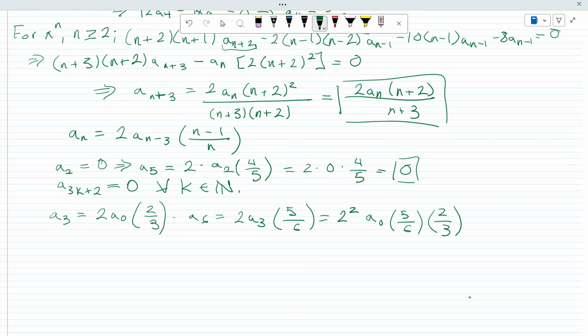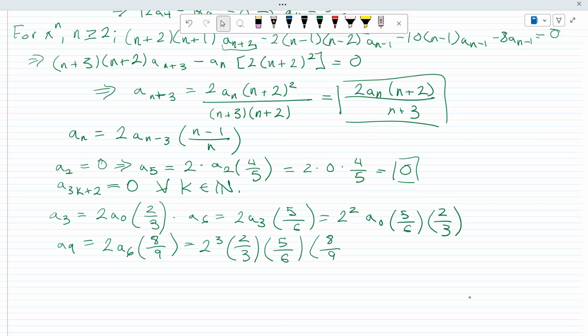And then you keep going until you find a relationship that you're confident in. So this will be 2a6 times 8 over 9, which would be 2 cubed, 2 over 3, 5 over 6, 8 over 9, a0.